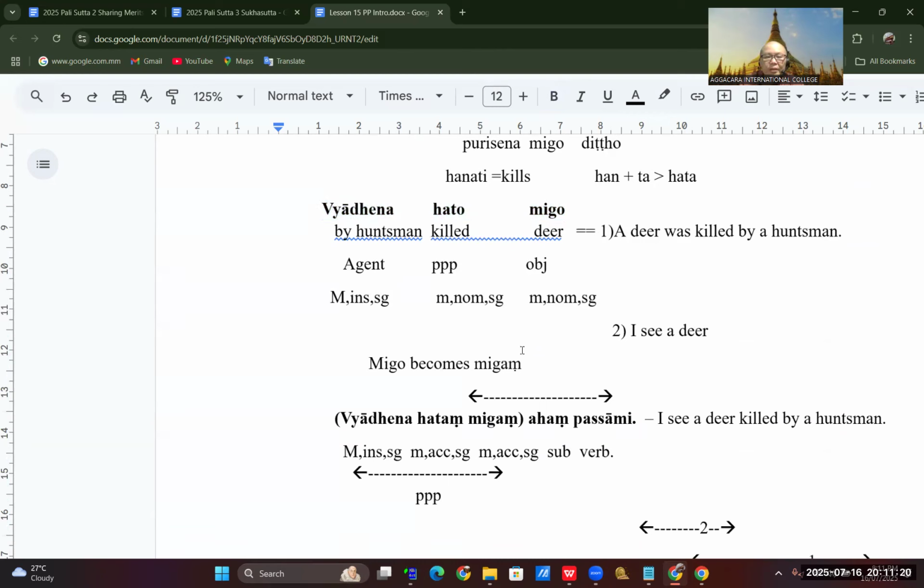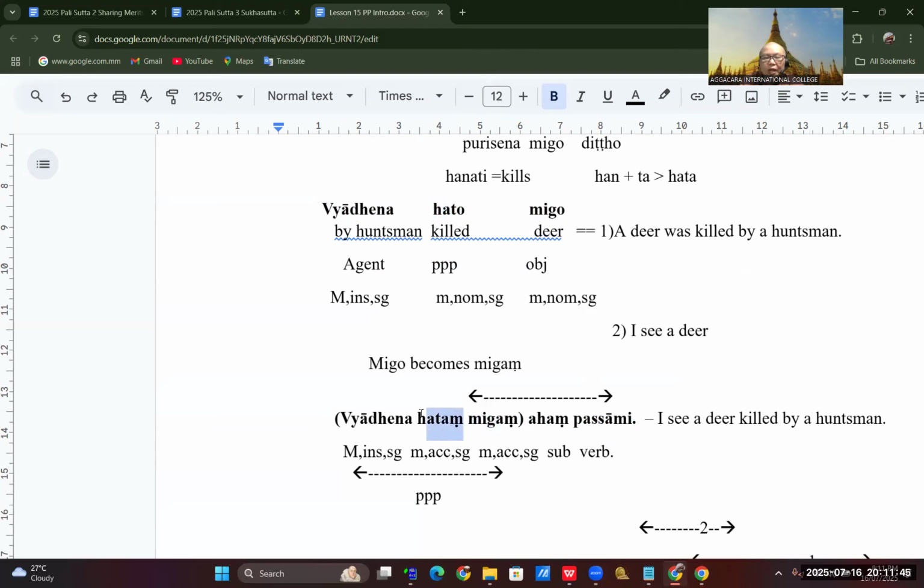Now, if we are going to make the sentence aham pasami, I see. Aham is I. Pasami is I see. I see the deer. Now, deer here is no longer nominative. You have to change it to the accusative case. So when you change it to accusative, the hata here cannot be hato.